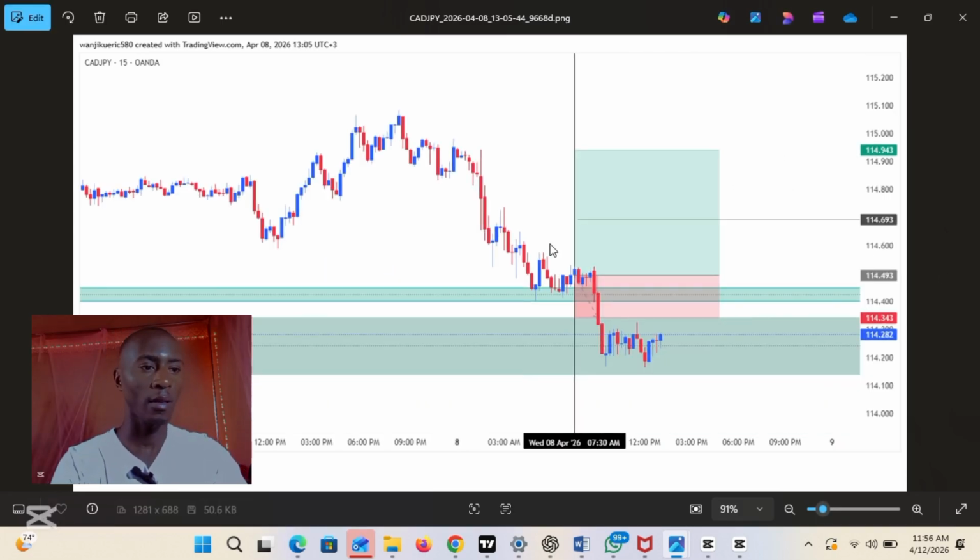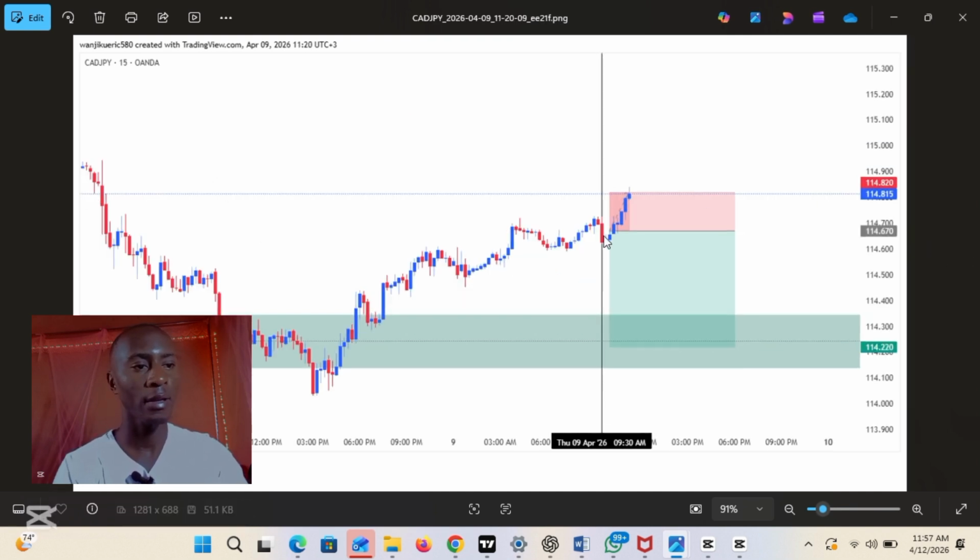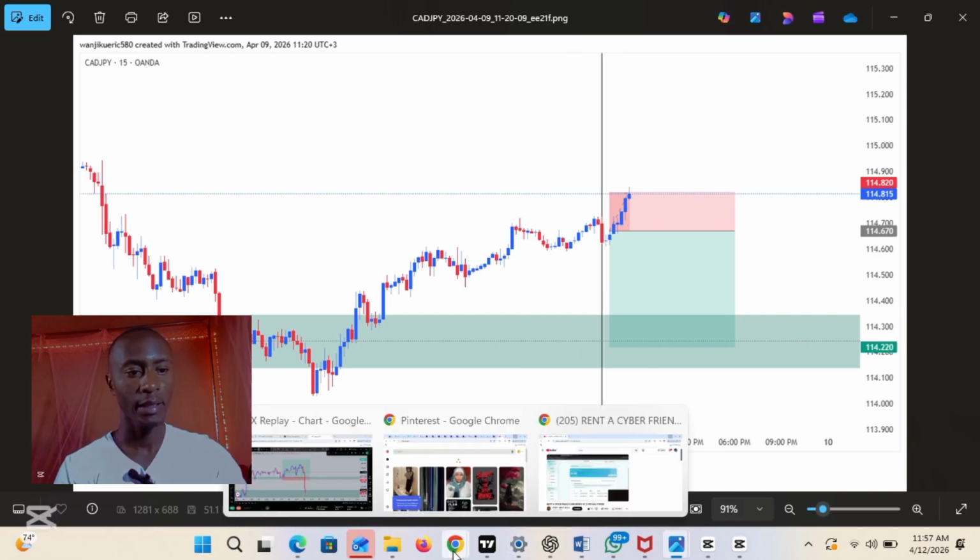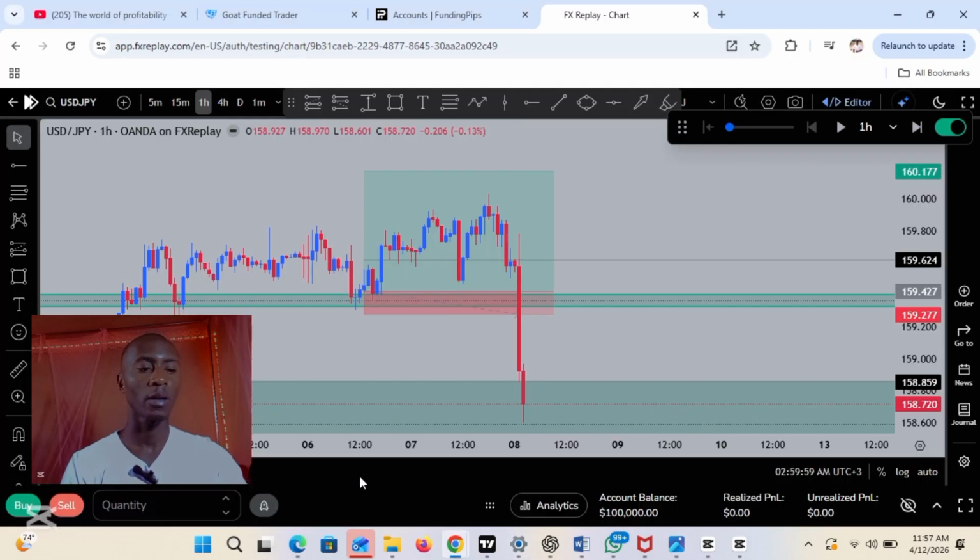And then that trade resulted in a stop loss, and finally this trade also resulted in a stop loss, but using the same criteria to enter. That's simply how the week has been, and that's the current update on my April trading journey.